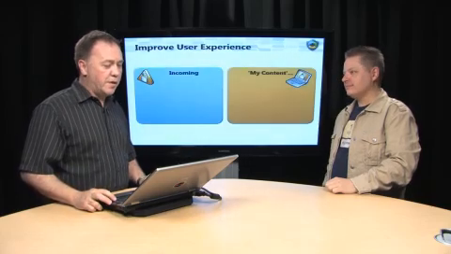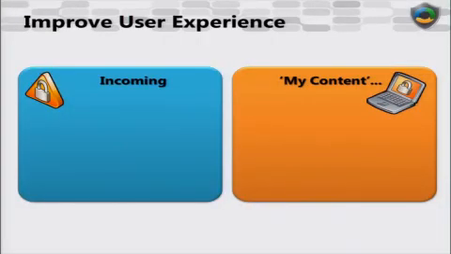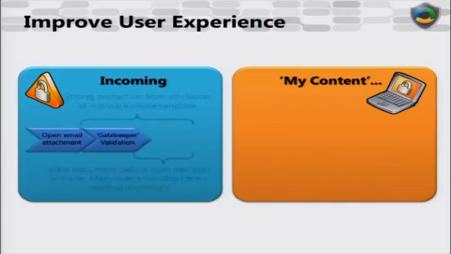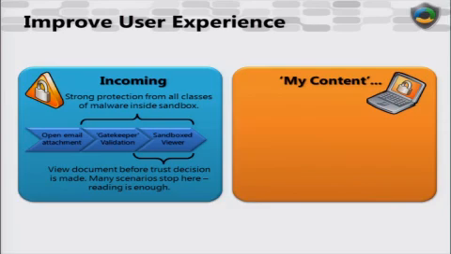So in terms of improving user experience, there are two types of content really. There is the incoming one, the file you get from the internet, from email, and there is the stuff which is your content. What's on your box. So you know what's in your folder, you put it there. For the incoming one, we have good protection from all classes of malware inside of the sandbox. So when you open an email attachment, it will go through validation.